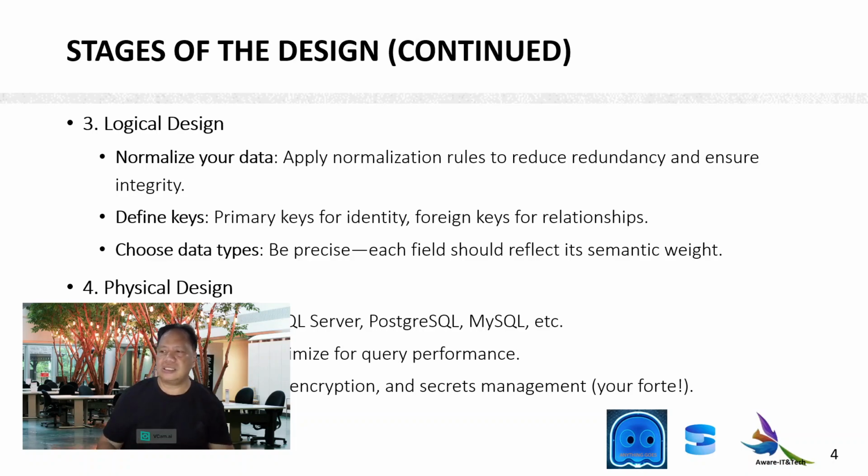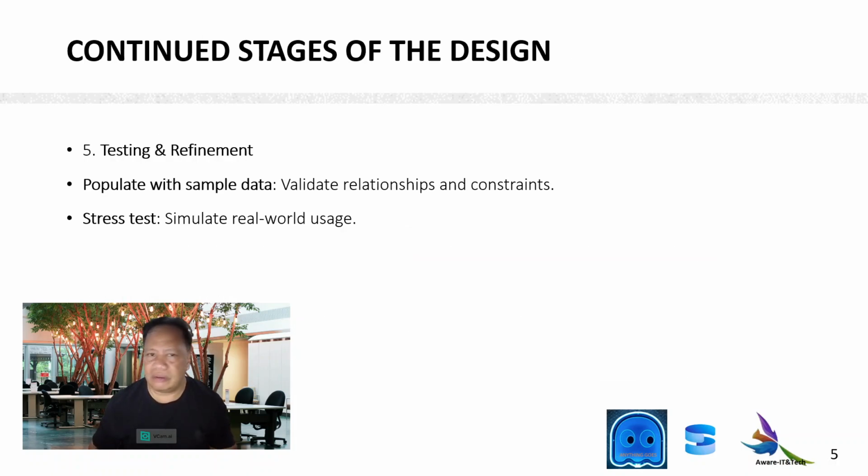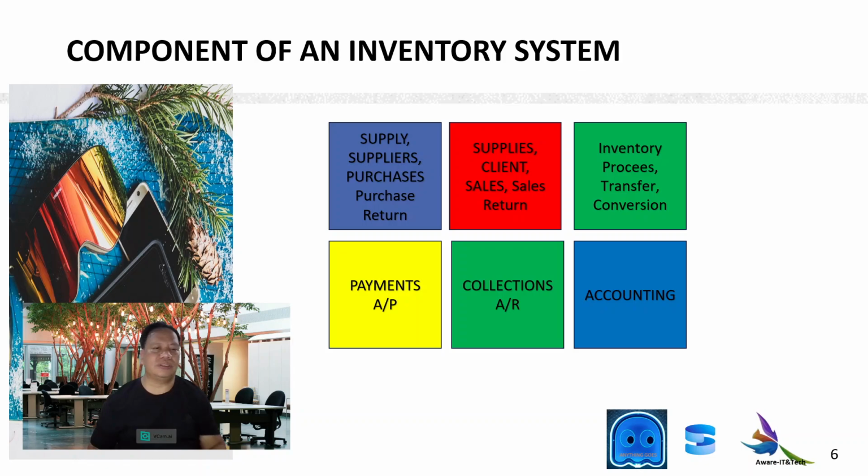But yeah, it's still advisable that you go through requirements gathering. Then yeah, you need to test your solution. So basically, this is the component of an inventory system. You have the supplies here, you have supplies there. The supplies, or the inventory itself, is used when you purchase, right?